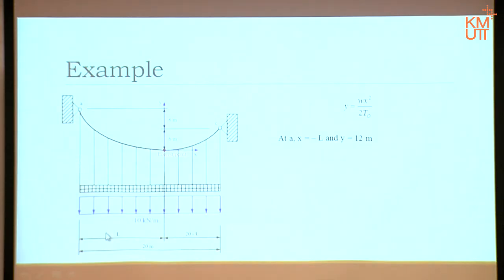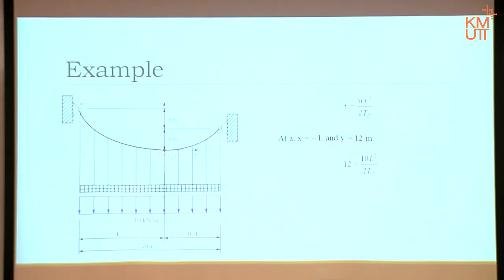The total distance we say is L, but going that way is positive, going that way is negative, so x is minus L. Y is measured from here to here, so 6, 6, 12. Substitute into that equation, and we have that form.